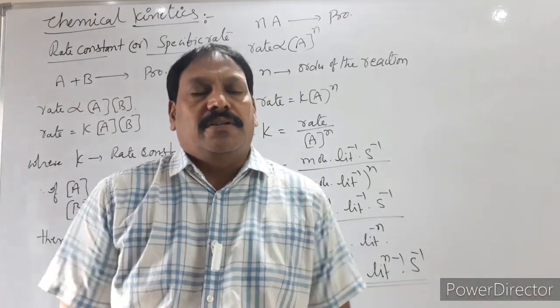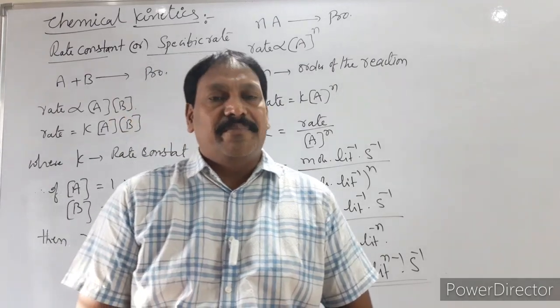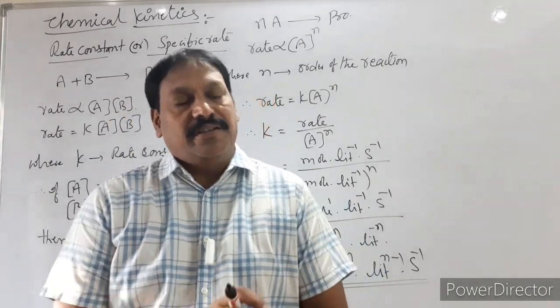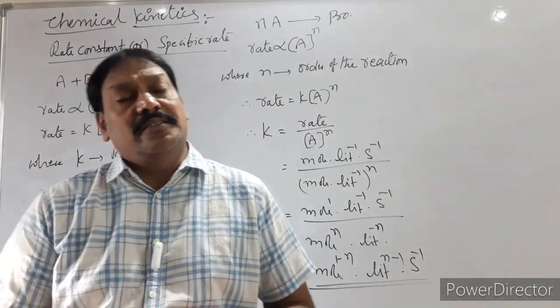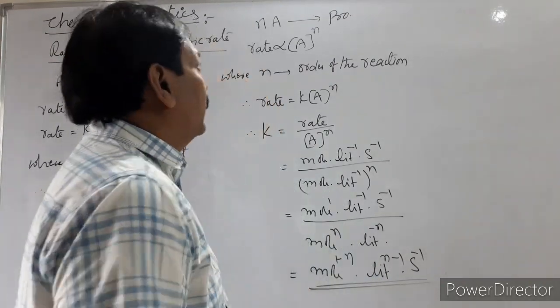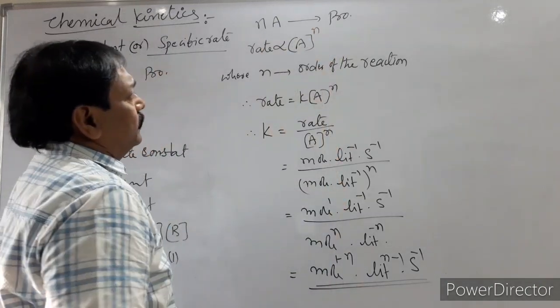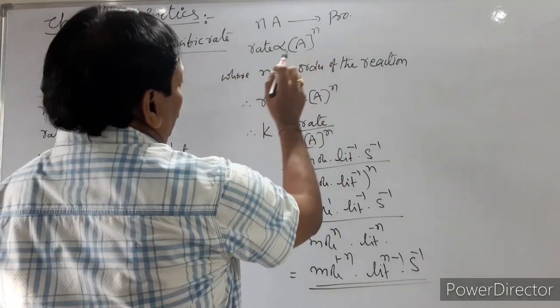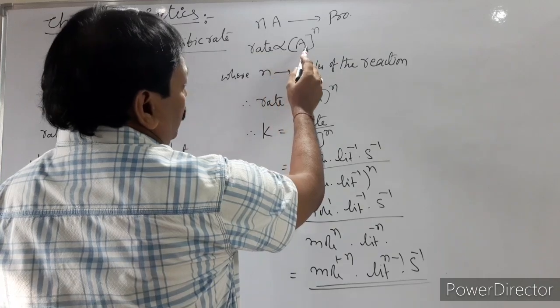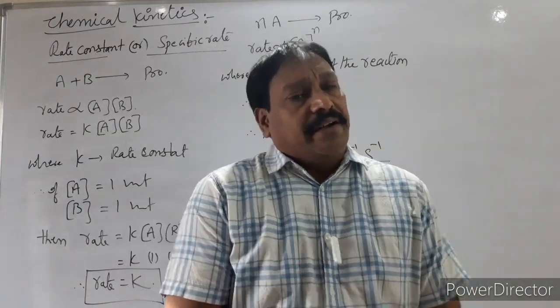Units of rate constant mainly depend on order of the reaction. Generally, order is determined experimentally. Let us consider an nth order reaction, that is nA gives rise to products. Then according to law of mass action, rate is directly proportional to molar concentrations of the reactants.